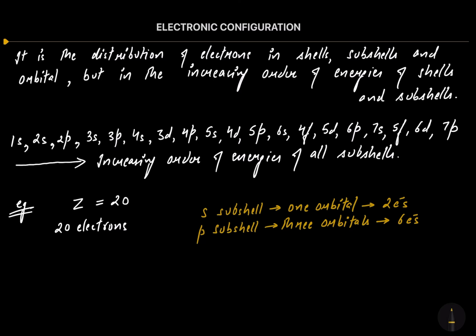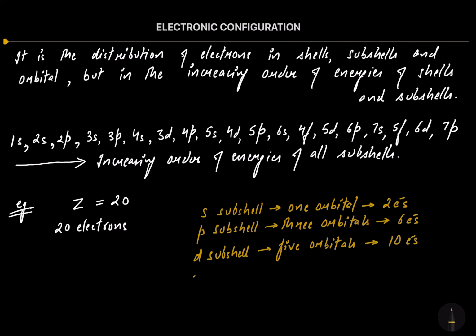Now let's talk about d subshell. D subshell has 5 orbitals. So the maximum number of electrons that can be accommodated in 5 orbitals is 10 electrons.